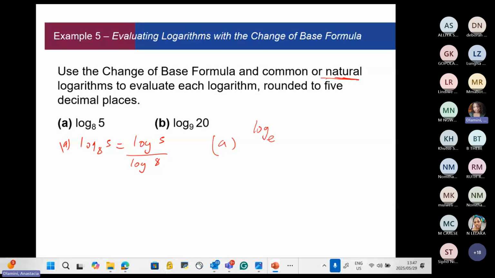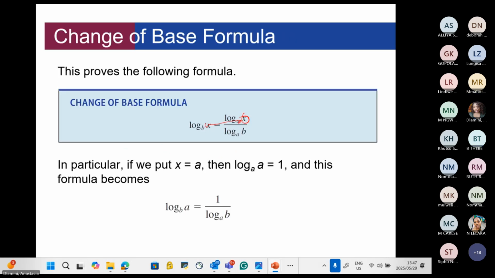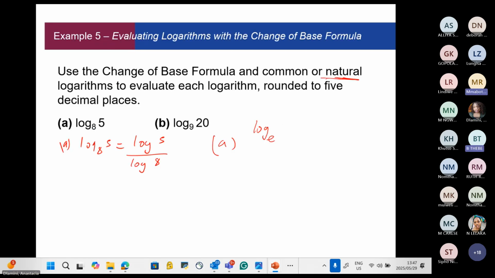So it'll be log base e of 5 over log base e of 8. And we know that this natural log is ln of 5 over ln of 8. That's the change of base.